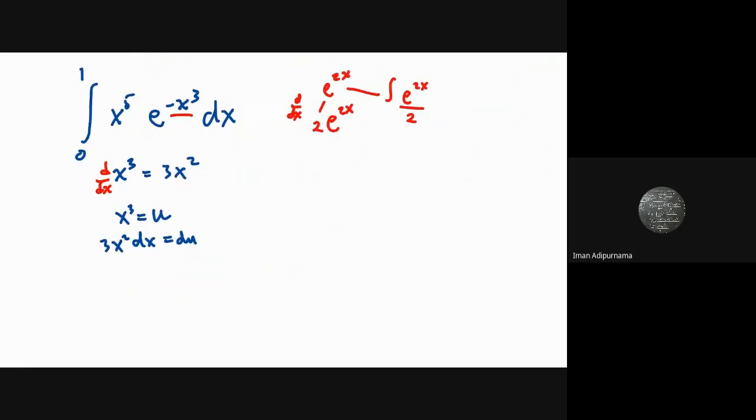Let's change this. The endpoints are still the same because x cubed is still 0 and 1. So we have x^5 e to the negative u, and dx becomes du over 3x squared.